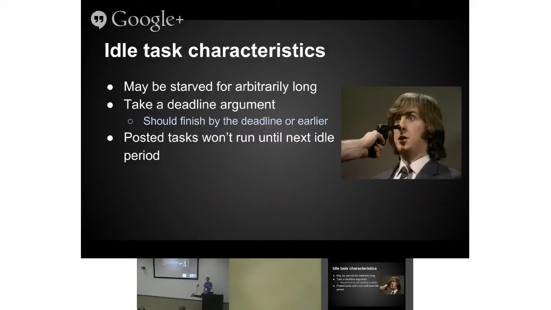And there's a small subtlety here: if you post an idle task, it won't run until the next idle period. That's because of a corner case: if we run the idle task and it decides it doesn't have enough time to do anything, it'll repost itself. Then we try to run it again, and it'll repost itself. So we get this infinite loop at the end of the idle period, and we don't want that.